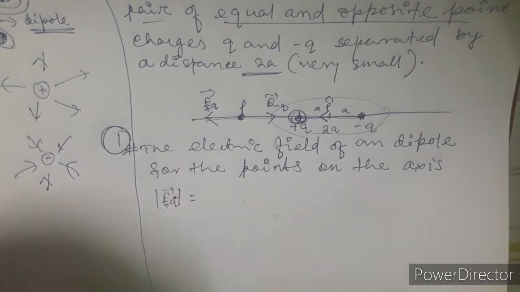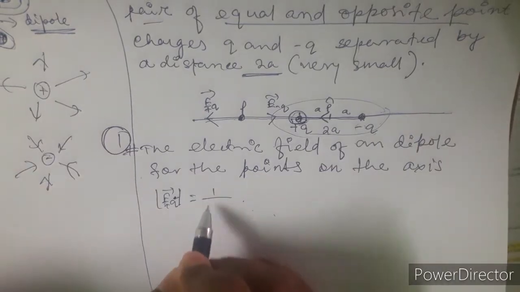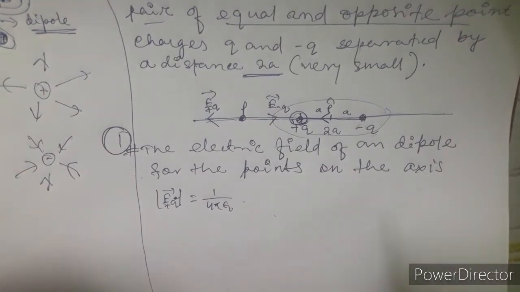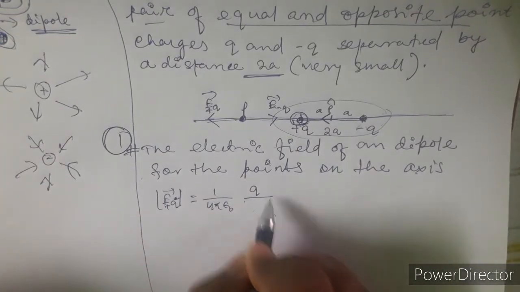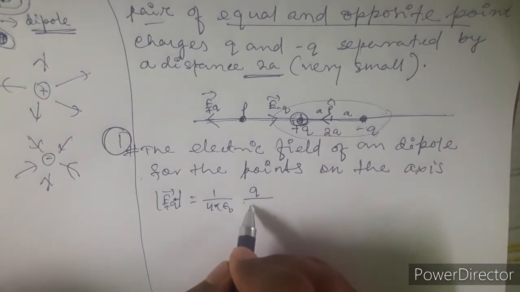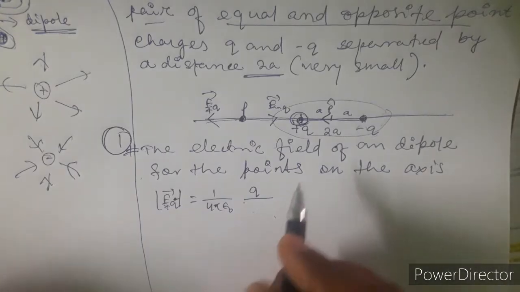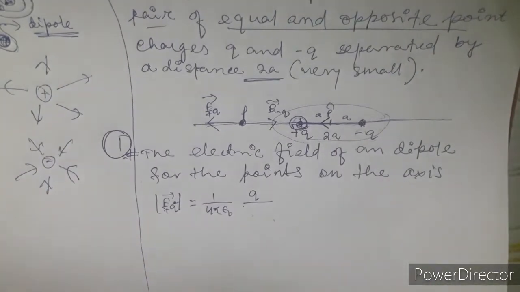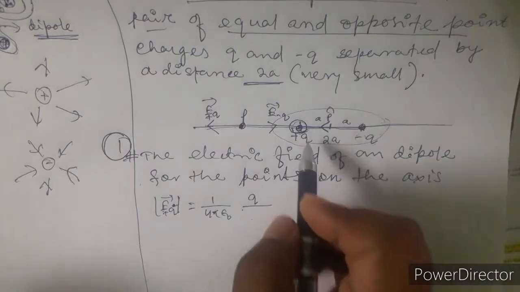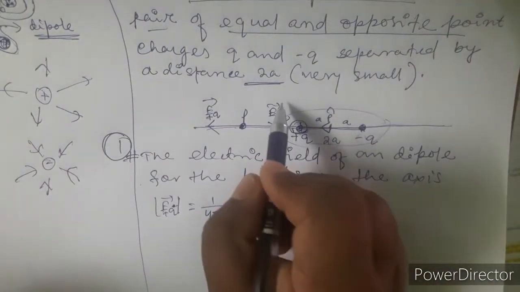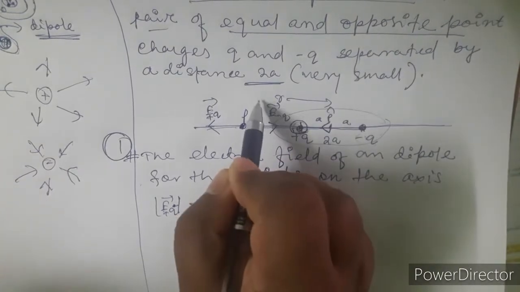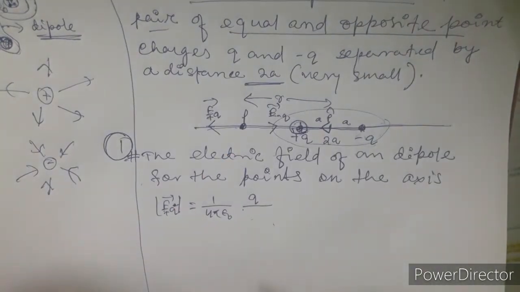Electric field by definition is 1 by 4 pi epsilon naught, due to plus q it is q by, we are writing the magnitude only, what will be in the denominator? r square, where r is the distance from plus q to P. We will consider the distance from the center to P as r.